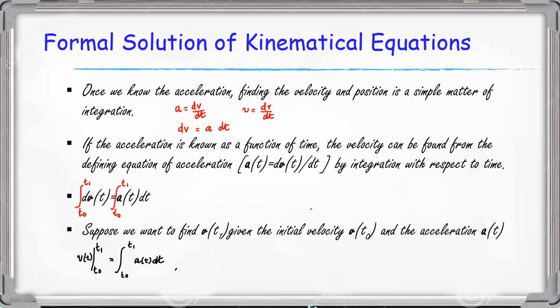We know that we have to substitute the upper limit first, so it is v(t1) minus v(t0). The function with the upper limit minus the function with the lower limit: v(t1) minus v(t0) is equal to the integral from t0 to t1 of a(t) dt.